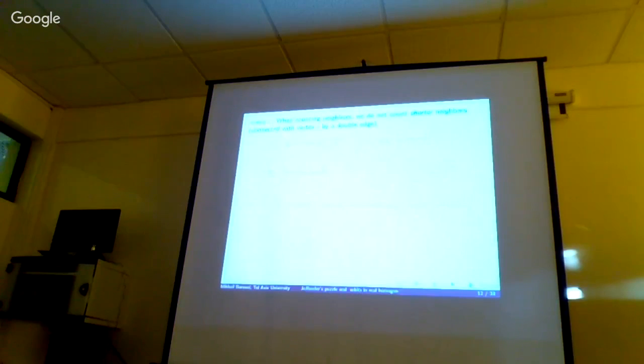The generalization is as follows. When counting neighbors, we do not count the shorter neighbors connected with the vertex by a double edge. I'll show you an example. So we take this. This is long, this is long, this is short. This 0 has one neighbor, this one. Short is not counted.